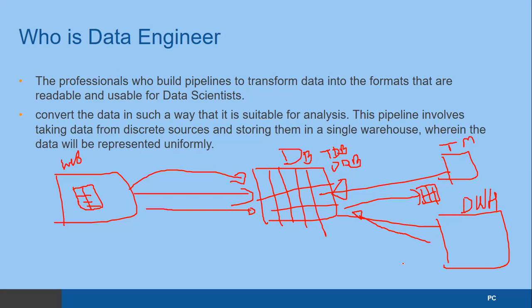So what does the data warehouse do? The data warehouse stores the data from the transactional database on a regular basis. Say, for every day, at the end of the day, I will load the data into the data warehouse, or at the end of the month, or weekly, based on the management or user requirement. So on a day-to-day basis, at regular intervals, all the transactional data will be stored in the data warehouse.